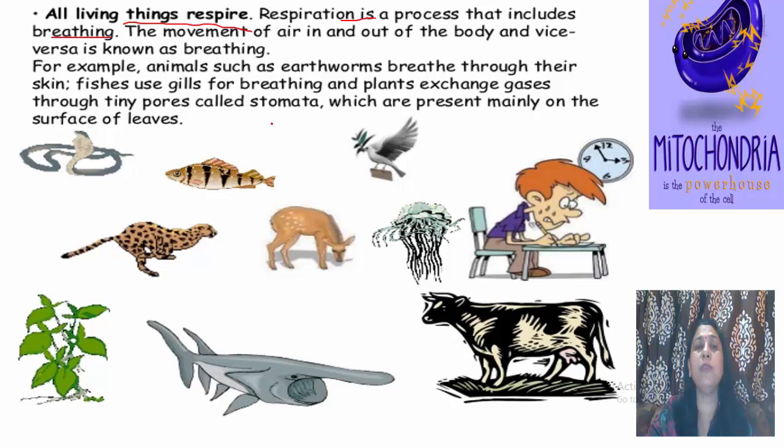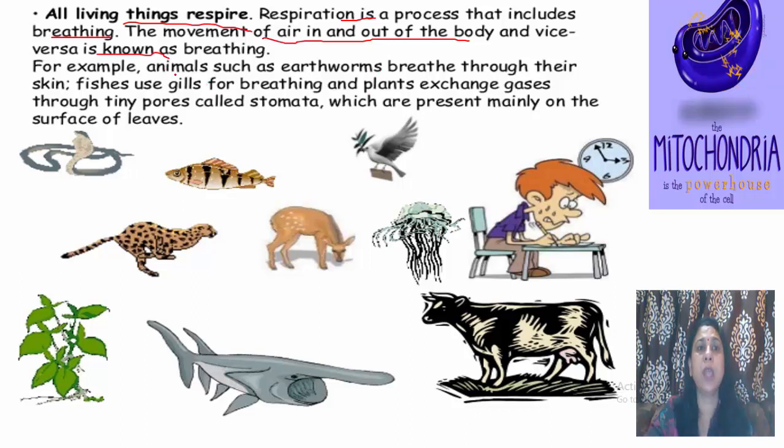Some people confuse respiration with breathing. They think that respiration and breathing are one and the same thing, but it is not so. Breathing is the movement of air in and out of the body. That is, taking in oxygen rich air and giving out carbon dioxide rich air is known as breathing.